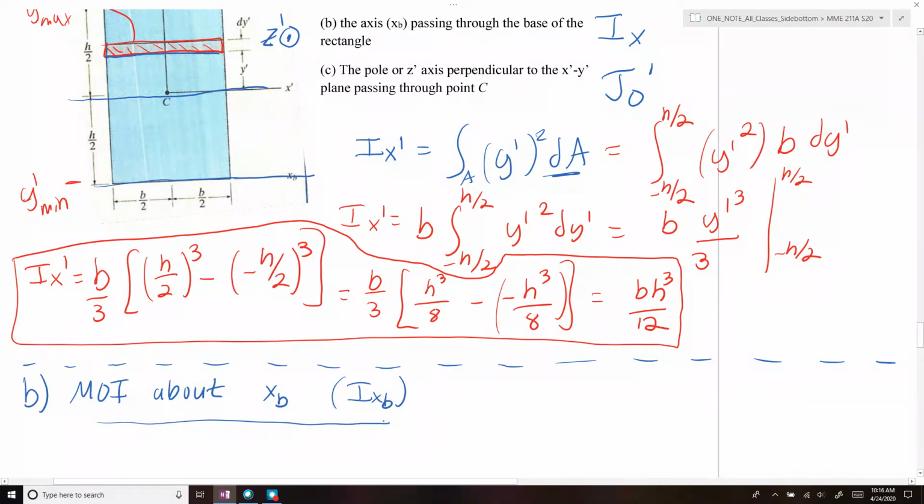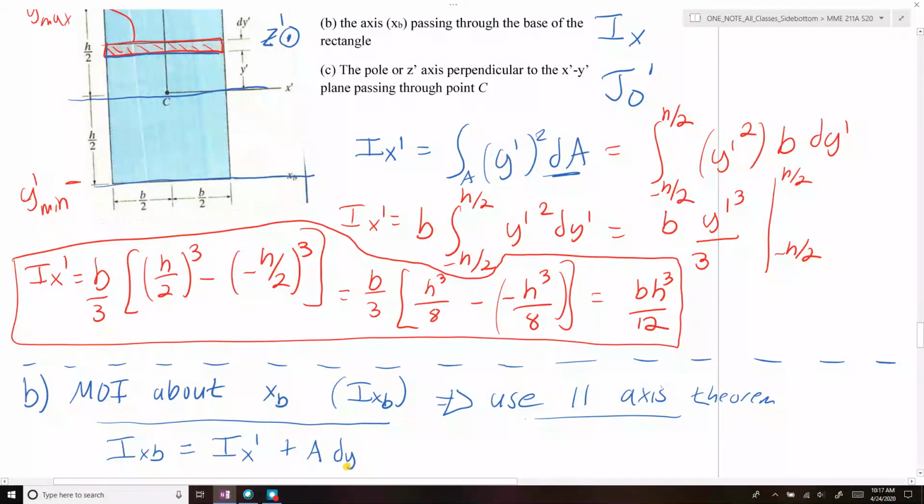Since it's not about the centroid, we can use the parallel axis theorem to solve this. Since xb is parallel with x prime, we can solve for IXB. According to the parallel axis theorem, IXB is equal to IX prime plus the area times the distance from the centroid of our area to xb.